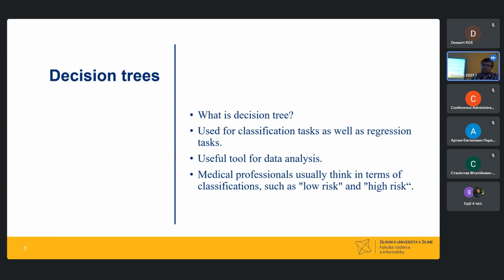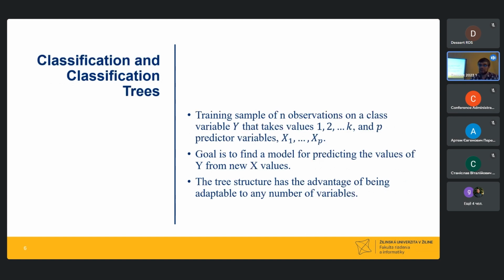But medical professionals usually think in terms of classification, such as low risk and high risk, and because of this, we decided to use a classification tree in our research. And without going into too much detail, the classification is a process of predicting a variable epsilon that takes value 1 to k, based on p predictors x1 to xp.